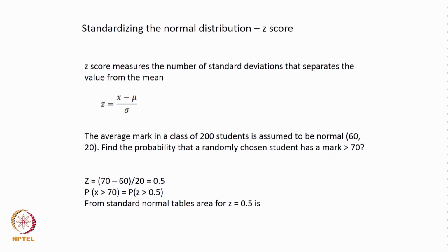So, the probability of x greater than 70 is the same as the probability of z greater than 0.5, because we have now converted the given mu and sigma into a z score, and we will start working using the z score and the standard normal table, where the area corresponds to the probability.